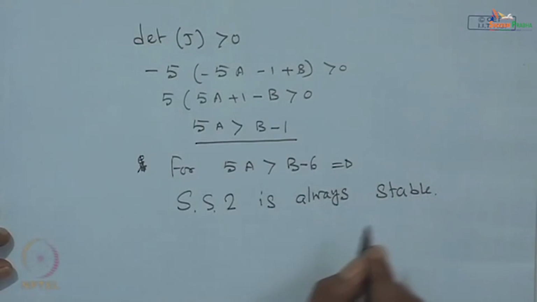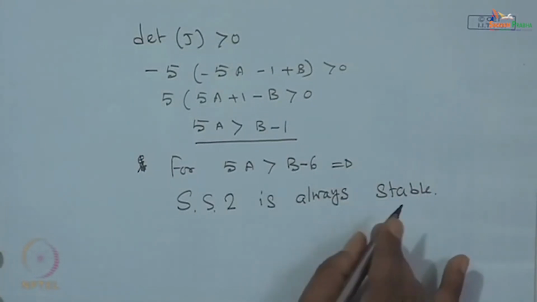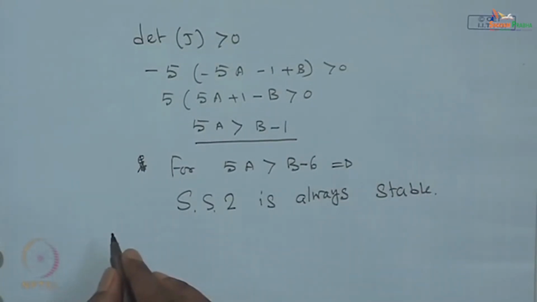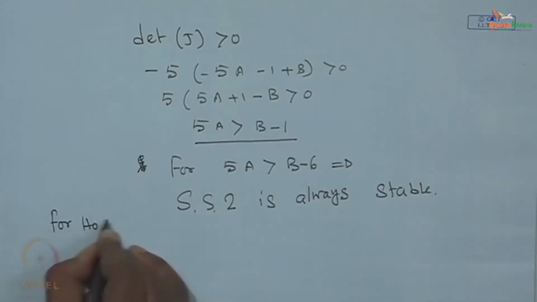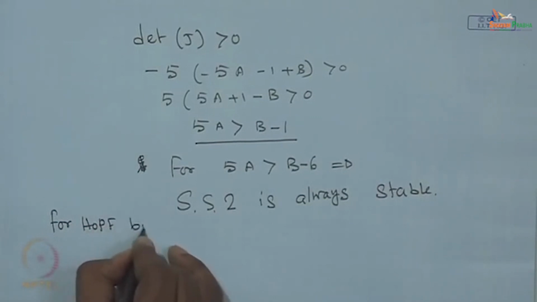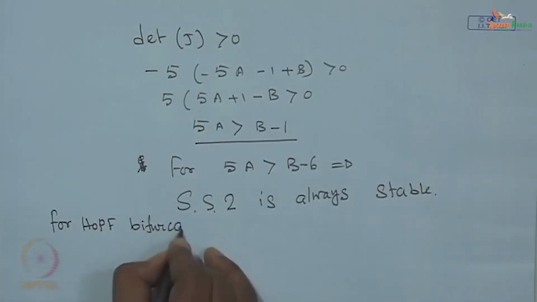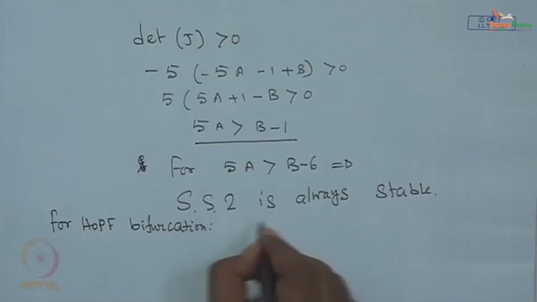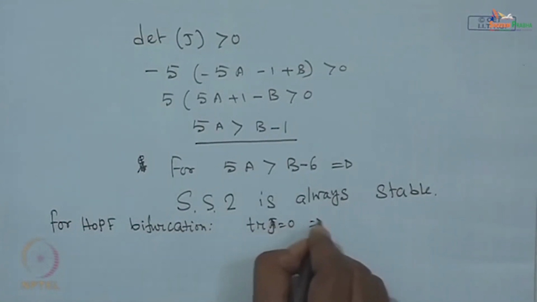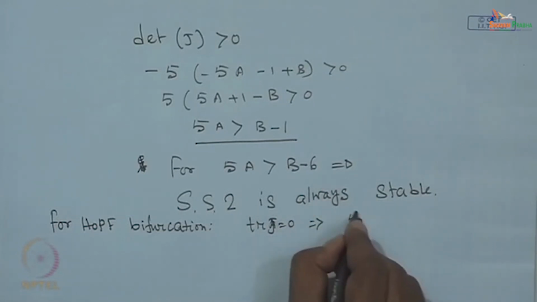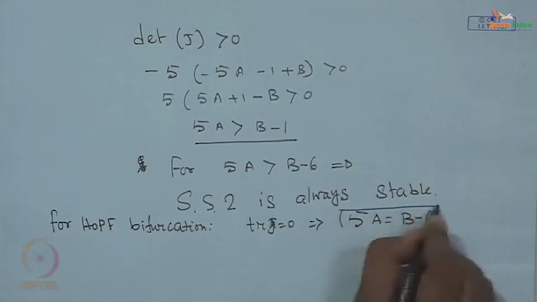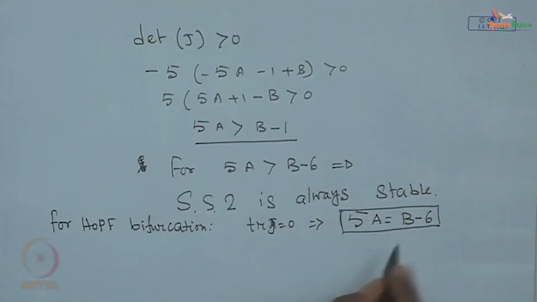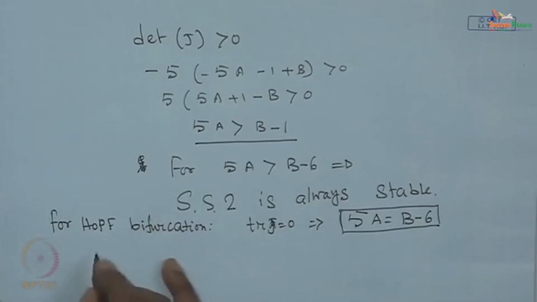We can talk about the Hopf bifurcation and saddle node bifurcation. For Hopf bifurcation, the trace of the Jacobian matrix should be equal to 0. So, the condition for that is 5a equal to b minus 6. So, this is the condition on the parameters where the Hopf bifurcation occurs.